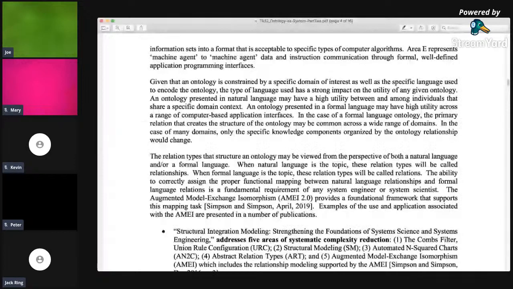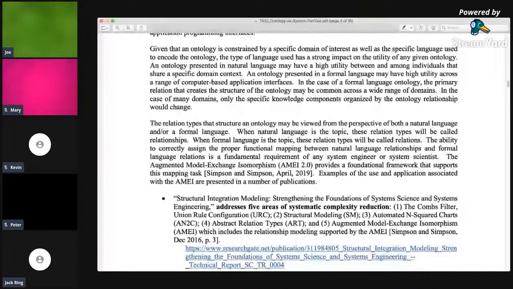Okay. So given that ontology is constrained by a specific domain of interest, as well as the specific language used to encode the ontology, the type of language used has a strong impact on the utility of any given ontology.